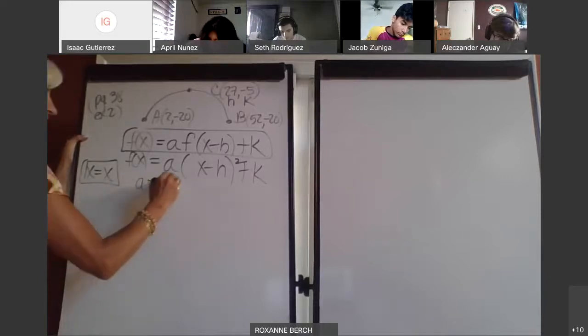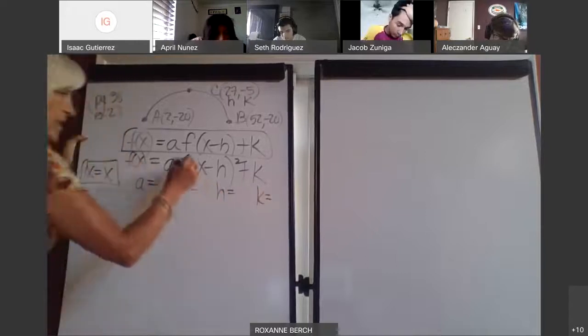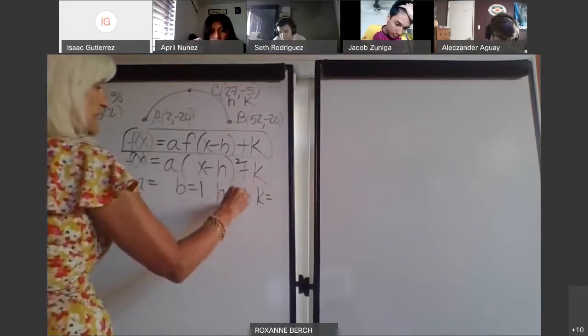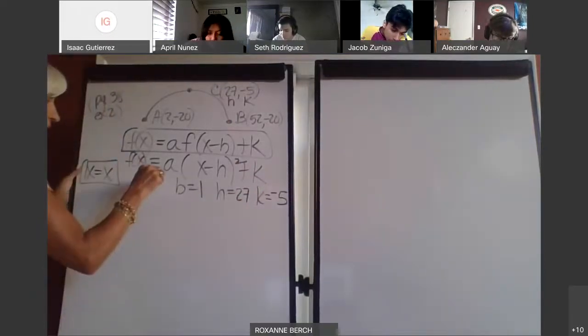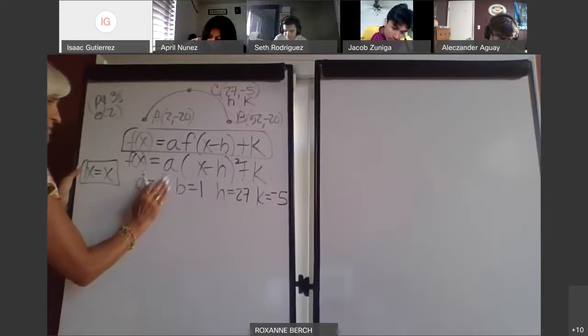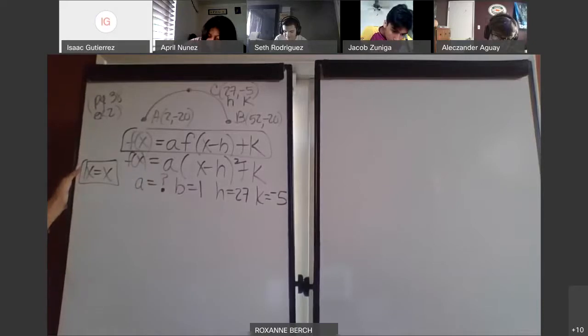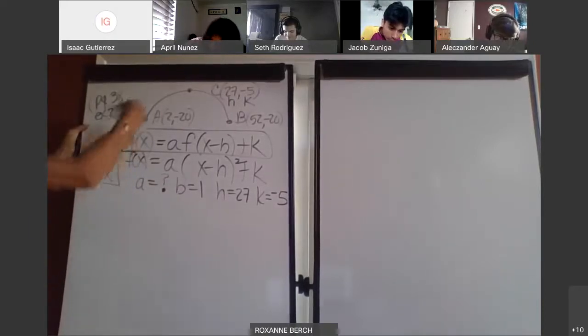So we're to find a, b, h, and k. And we know that b is 1, h is 27, and k is -5. So a is what we don't know. So when we go to do this, we can pick any point we want.